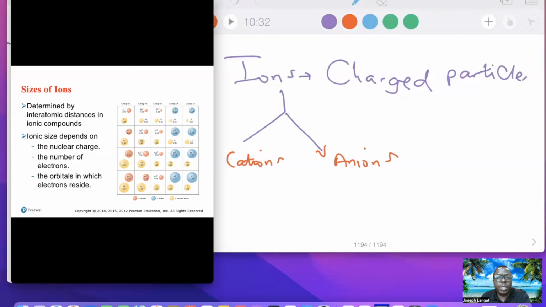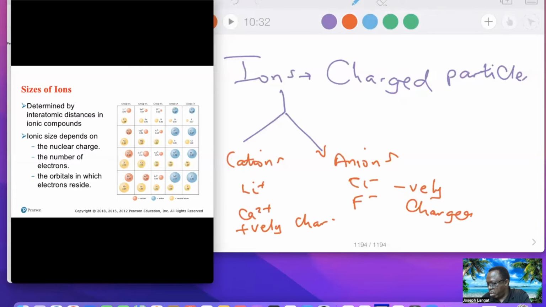We're not going to look at the polyatomic ions this time, but you should be aware that we have cations, anions, polyatomic cations, polyatomic anions. Anions include chloride or fluoride. They are negatively charged. Cations are positively charged. You should know how these ions are formed. Metals generally tend to lose electrons.